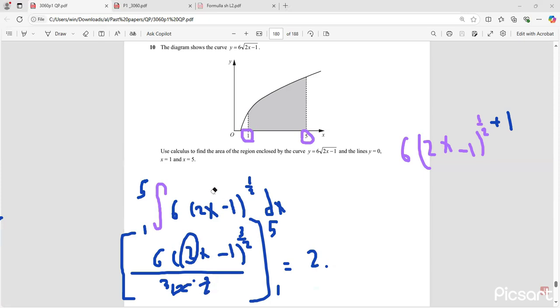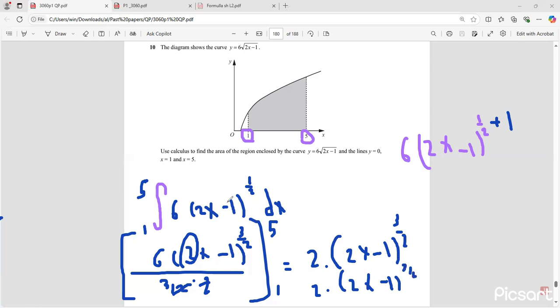Okay, so it is 2 multiplied by 2x minus 1 all to the power 3 out of 2. And now we're going to write the same, 2 multiplied by 2x minus 1 all to the power 3 out of 2.